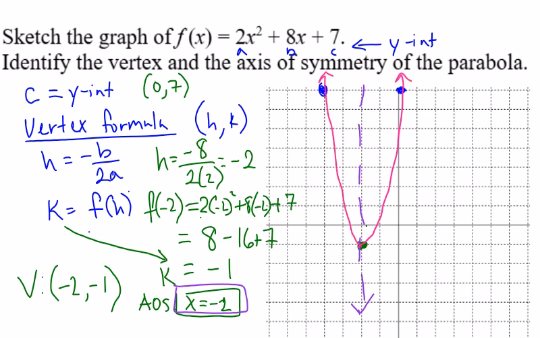So that's the nice thing about the axis of symmetry: as long as the y-intercept's not the same as the vertex, you'll have 2 points when you get the vertex and the y-intercept, and then you can use the axis of symmetry to find one other point and get a real quick rough shape of what the parabola is going to look like. Okay. All right. So remember the vertex formula. That's one way to find the vertex, and that'll be helpful in a lot of cases.